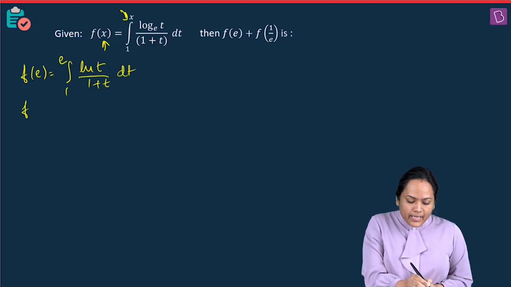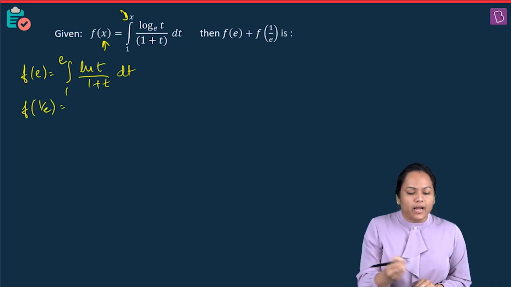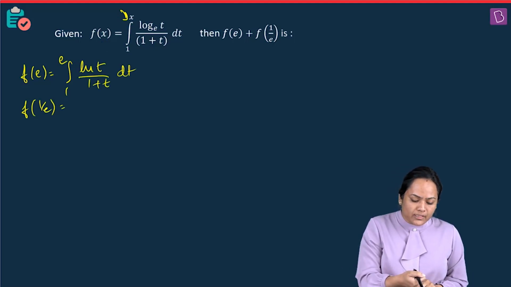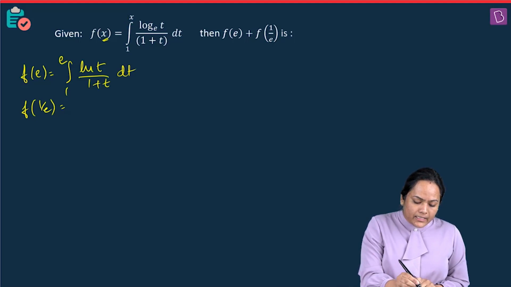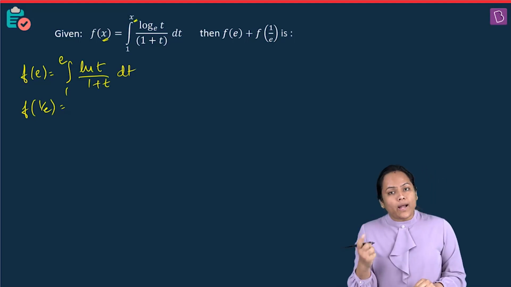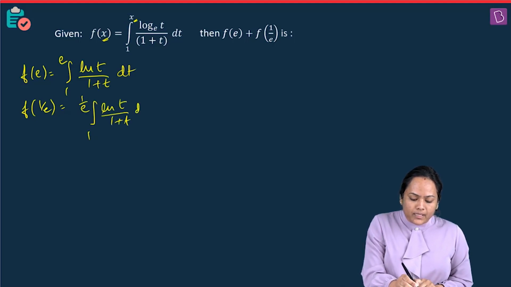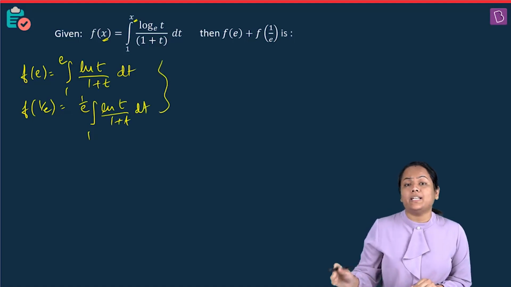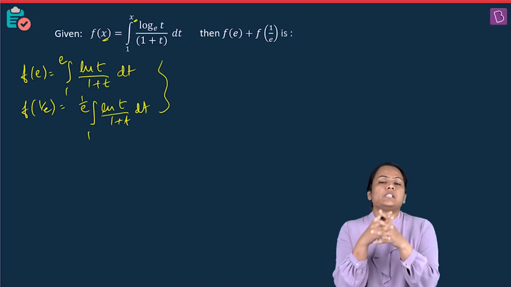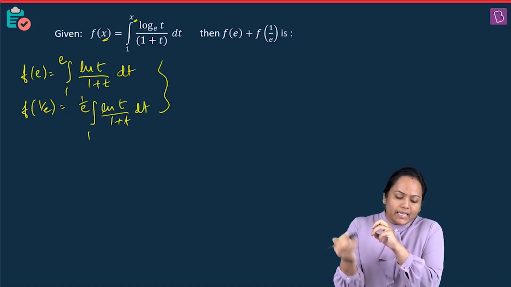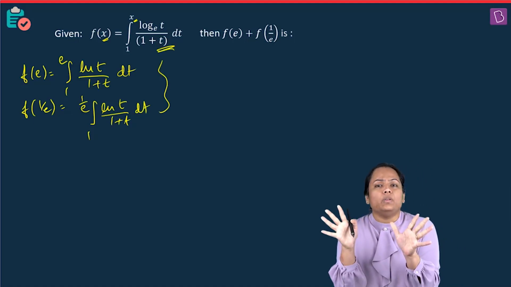Similarly, for my f of 1 by e value, I have to put in place of this x and this x again 1 by e. So when I do that, it's integral 1 to 1 by e ln t divided by 1 plus t dt. And now I have to find its summation. So what first thing comes to my mind is, can I actually solve my f of x only?